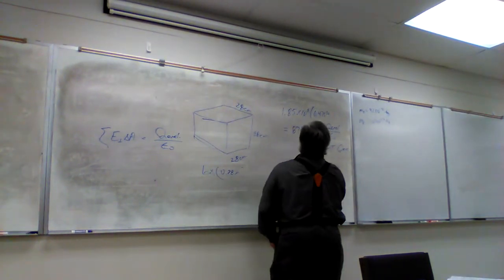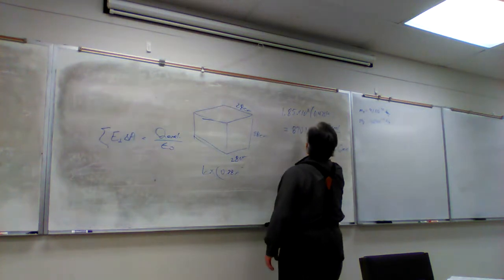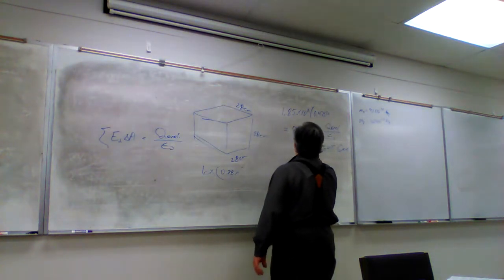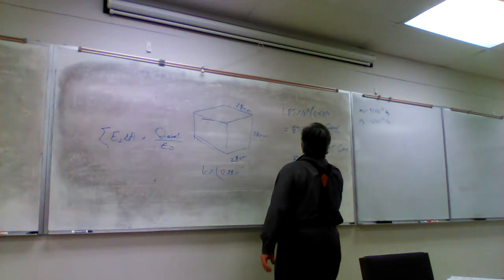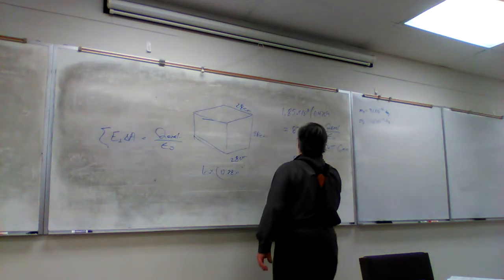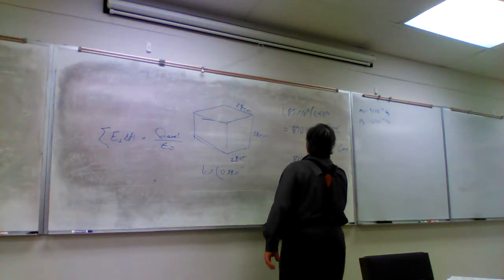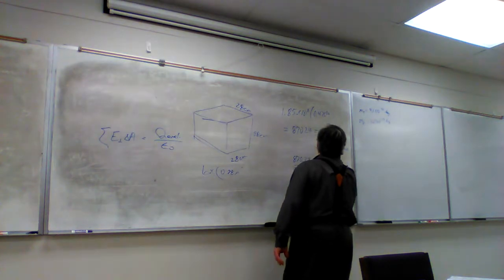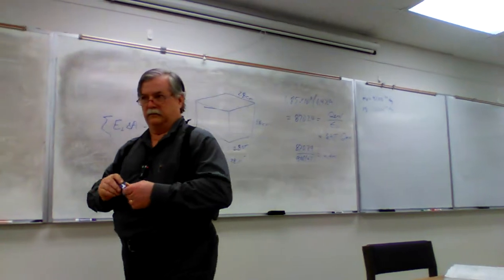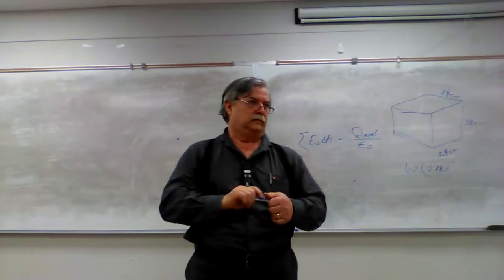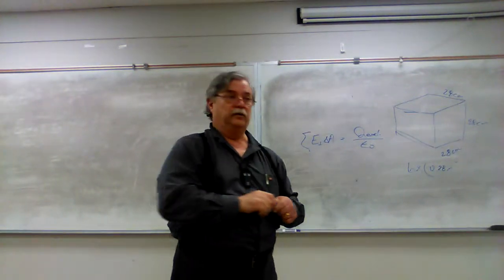And now we can solve for q enclosed by dividing 870, and I'm trusting someone else for the arithmetic, divided by k is 9 times 10 to the 9 times 4 pi. That's q enclosed. So punch the numbers and turn in your homework.